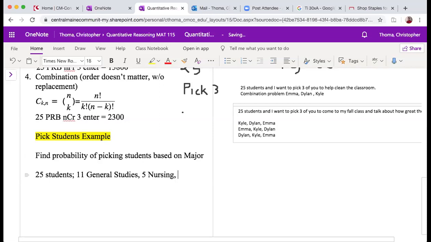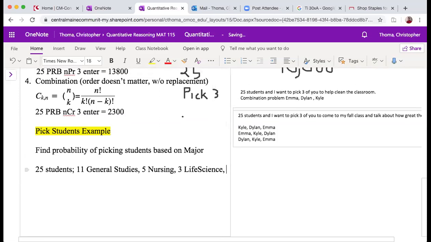So we'll say 3 life science. Kyle, you're human services? Yes, sir. So 11 plus 5 is 16, 17, 19. So we'll do 4 human services.